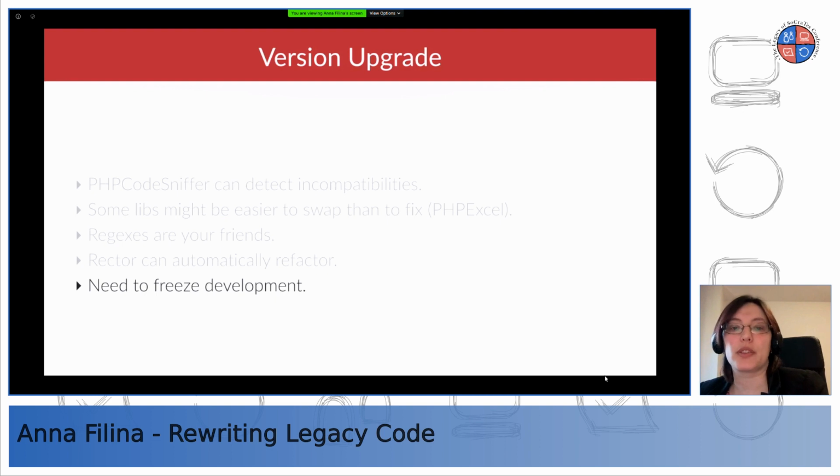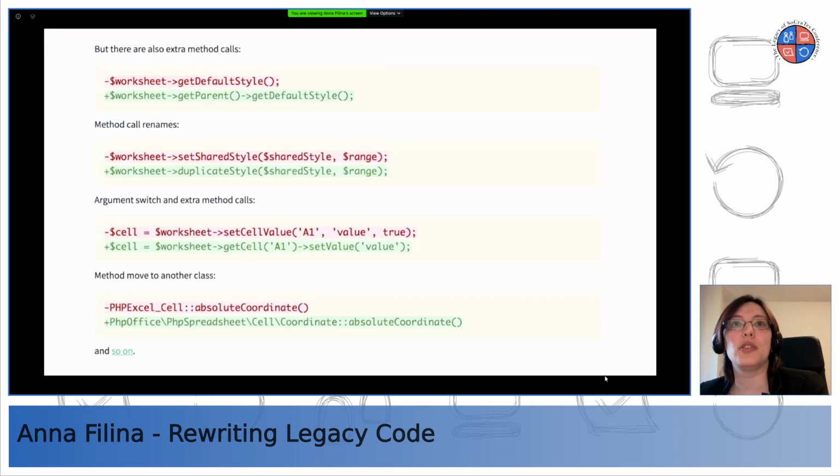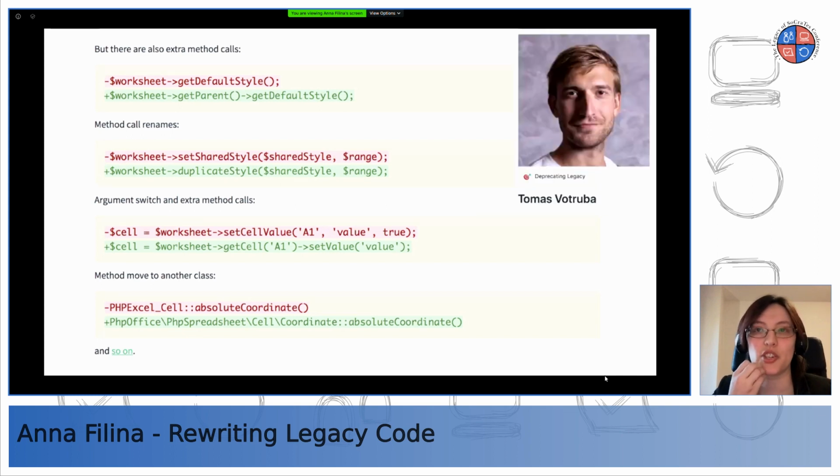So I talked about Rector. One of the things that it can do, and we mentioned PHP XL as well, it can refactor your code from using PHP XL to using PHP spreadsheets. So you just change the dependency, and then you apply this Rector that's going to do all of these changes for you. This screenshot has been shamelessly lifted from the Rector's website, but, to compensate, I will give a shout out to Thomas Votruba, who is the creator of this awesome tool.